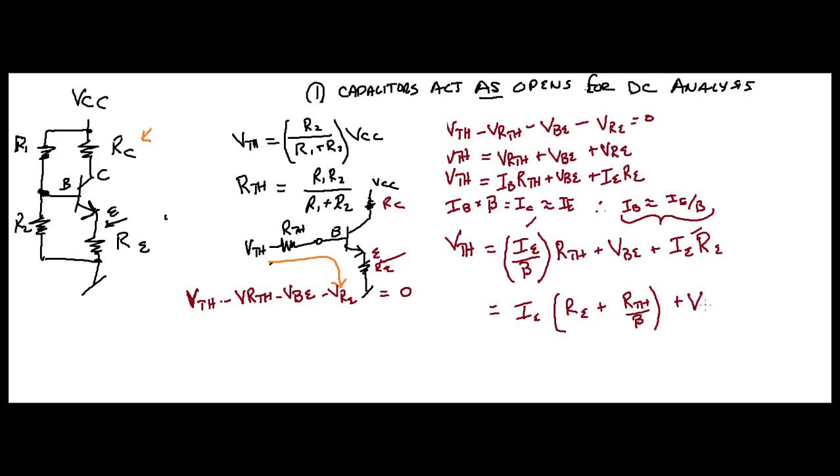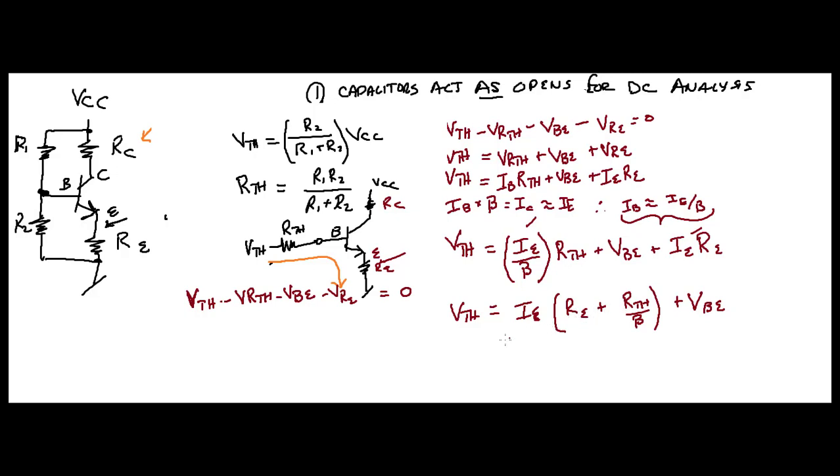Plus VBE. You see that now? That's VTH. And that's an E here. I don't know if that's very clear. VTH is equal to IE times RE plus R Thevenin divided by beta, plus VBE. That's just basic algebra, right?